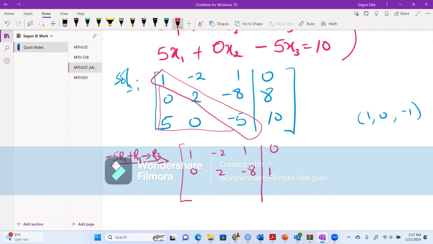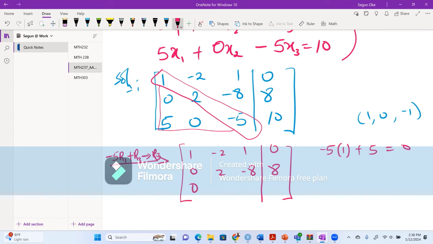So what I did is -5 multiplied by 1 plus 5 equals 0.